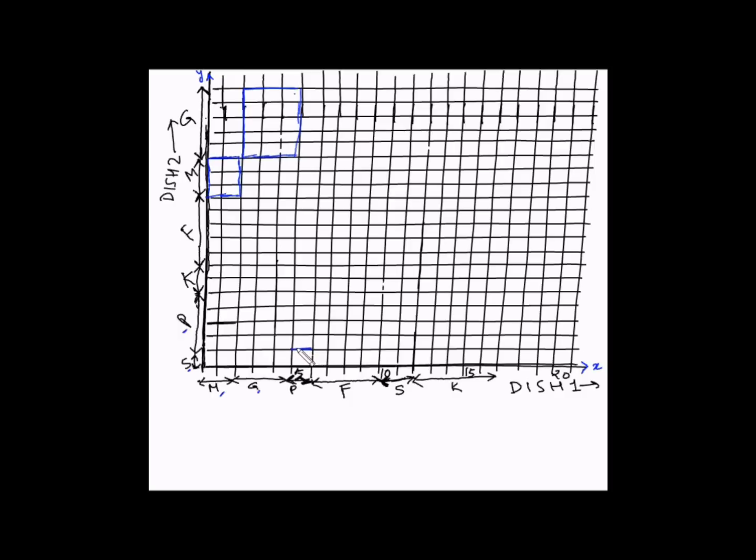1 hour on X and 4 on Y. Similarly, for F, we have 4 hours on the x-axis, and 5 hours on the y-axis. So let's draw the rectangle.